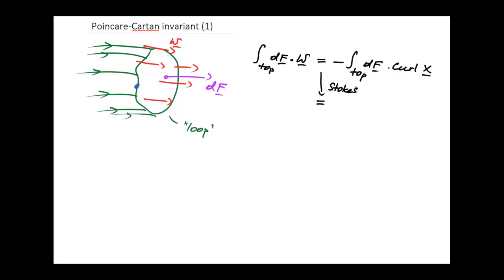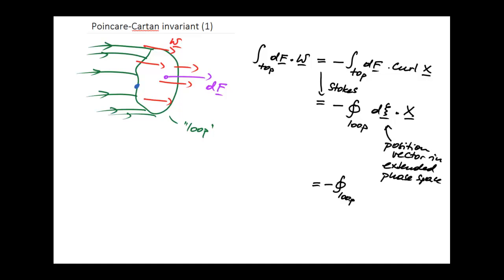So this area integral is the line integral around the closed loop of this vector field capital X. And this vector psi that I introduced here, that is a position vector in extended phase space. So we have this line integral around the closed loop due to Stokes' theorem.